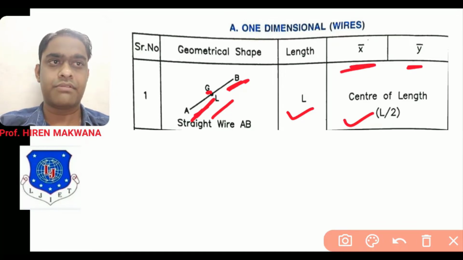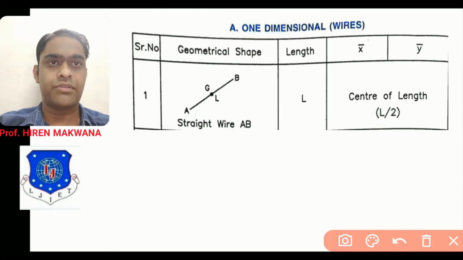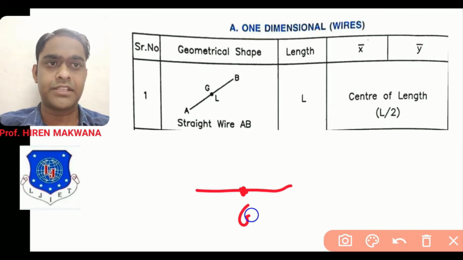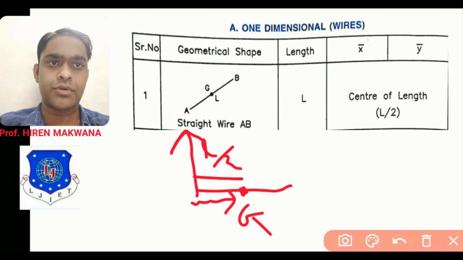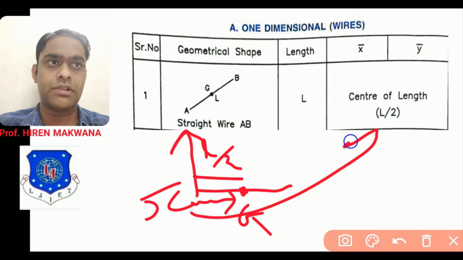Means if you are taking a horizontal line, then center of gravity will be at this point G. So this distance is L by 2. While drawing axis, y-axis is over here. So from y-axis up to this point is known as x coordinate, x bar, which is equal to L by 2.